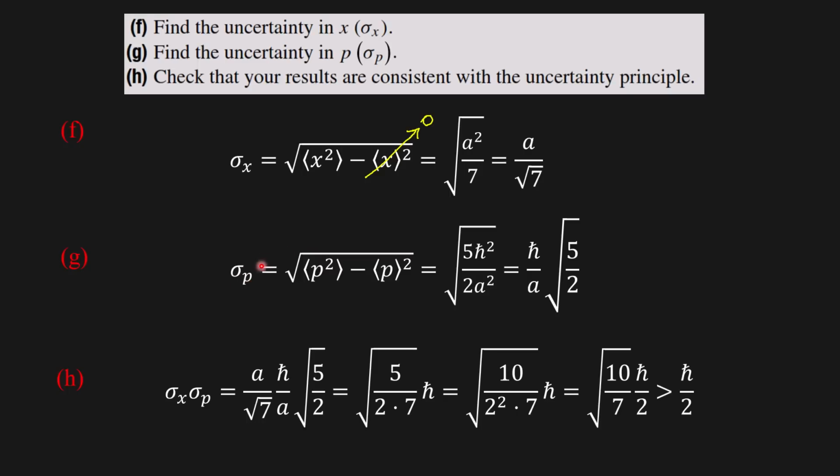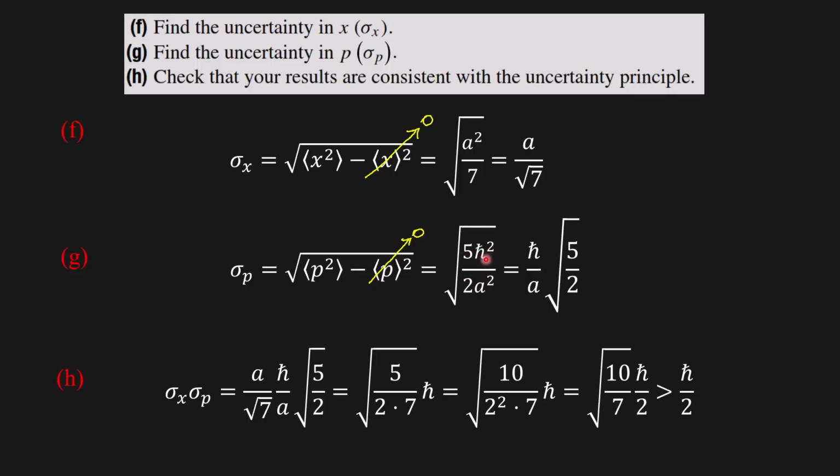Then sigma p is equal to, by definition, square root of expectation value of p squared minus expectation value of p whole squared. So expectation value of p we have seen is 0. Then this will become simply square root of expectation value of p squared, which is equal to, just now we have seen, 5 h cross squared over 2a squared.